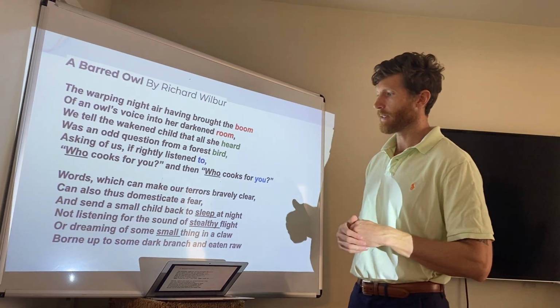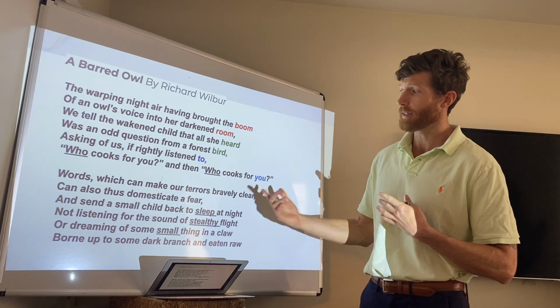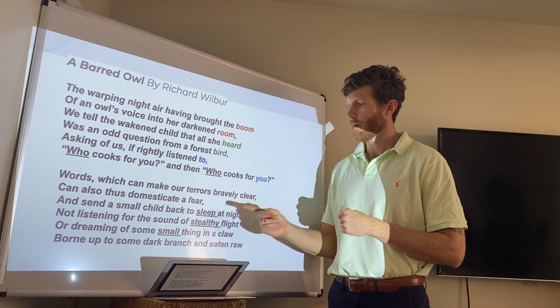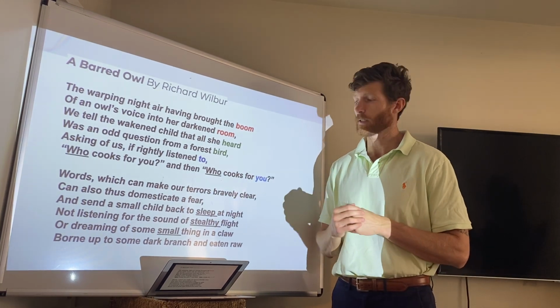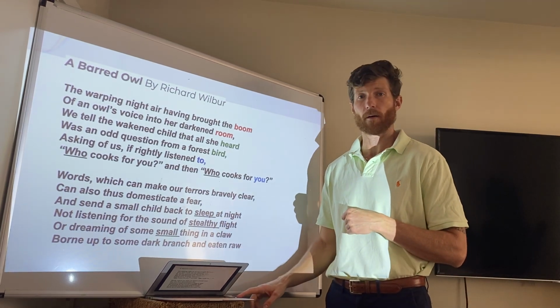Then in the second stanza, we see the repetition of the consonant sound S, okay? Now this is not alliteration because it appears in different lines, but the S is being repeated. The author wants us to focus specifically on these words: sleep, stealthy, and small, okay?